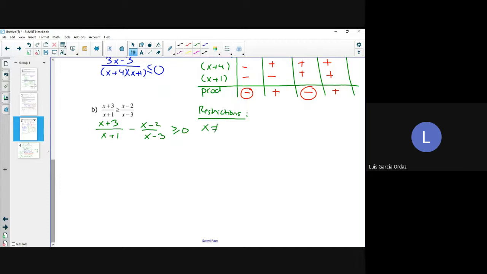And before we go any further, what are our restrictions for this expression? So x cannot equal 3 and positive 1.